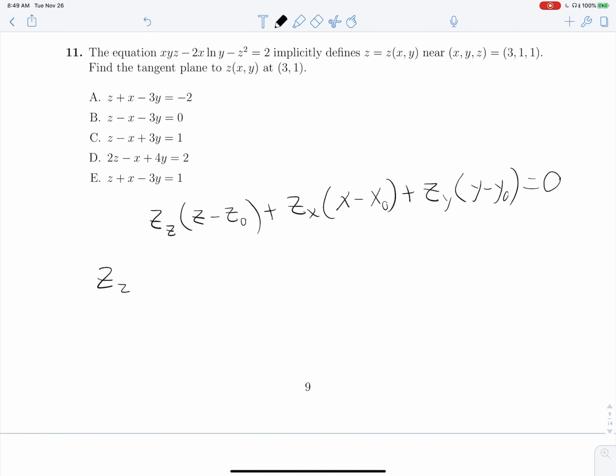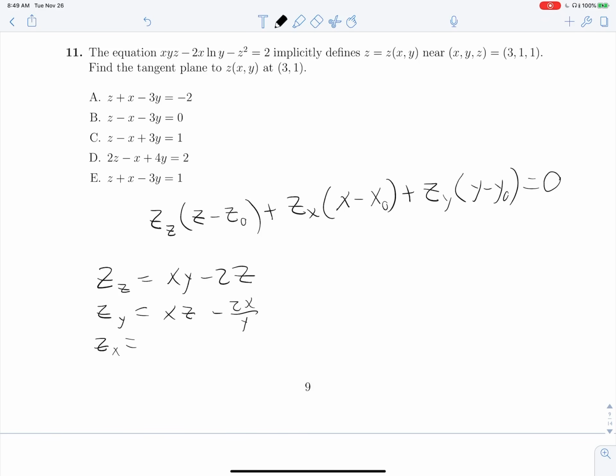We need three partial derivatives, zz, zy, and zx. And let's see, zz is going to be xy minus 2z. Zy is going to be xz minus 2x over y.